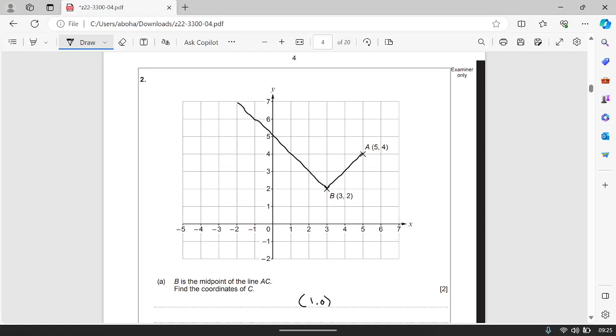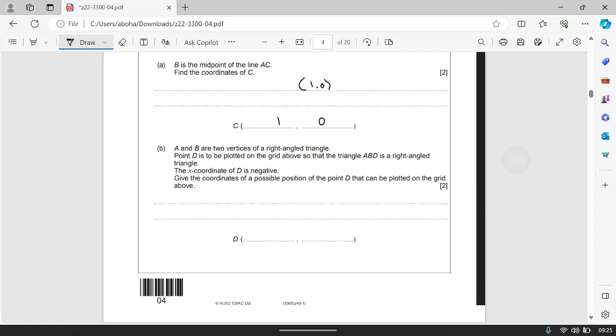Okay, so that means to say, if we join this up, there's your right angle there. We know that in order for it to be negative, it's either got to be -1, 6, or -2, 7. So it has to be one of those two coordinates there, okay? So the two possible answers you can give are -1, 6, or you can give -2, 7.